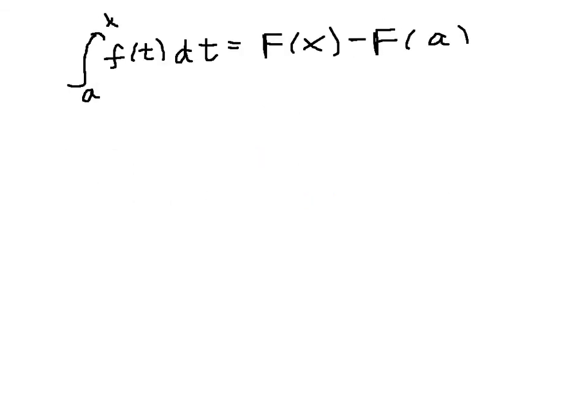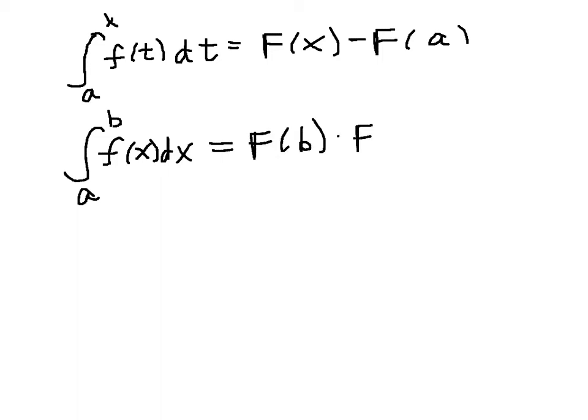So putting those ideas together, what I've shown is that the area under this curve from A to x is equal to F of x minus F of A. And so we're just about done, because now what we can write is the area under a curve on a closed interval from A to B, I can write B now because x is out of the picture, is equal to big F of B minus big F of A, which we usually write like this: big F of x evaluated from A to B. Just shorthand notation.